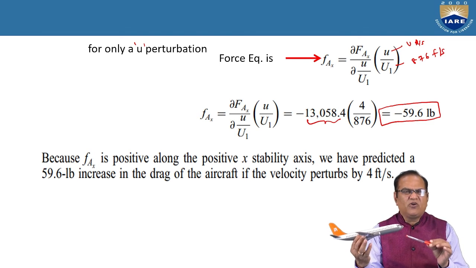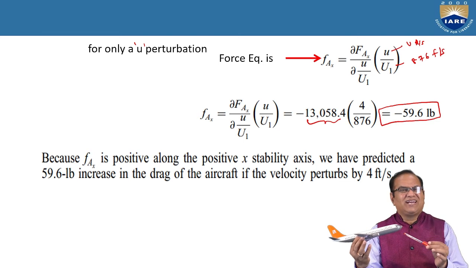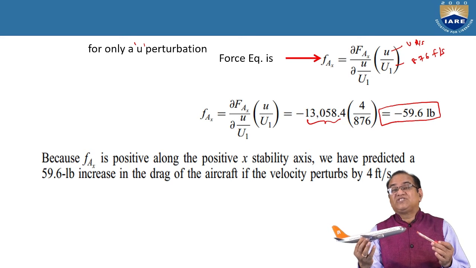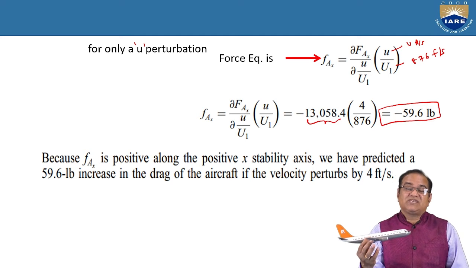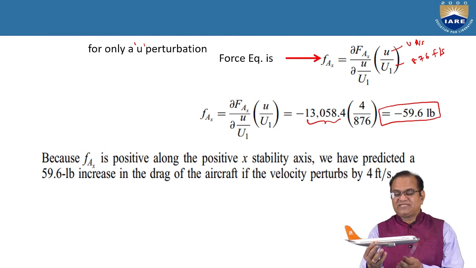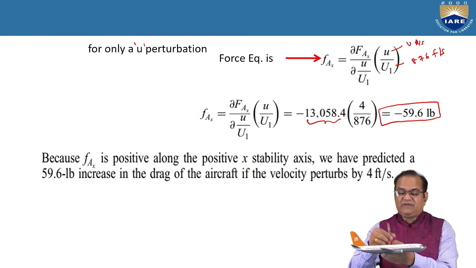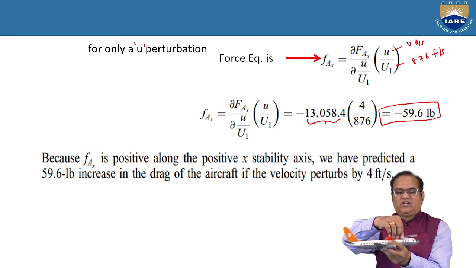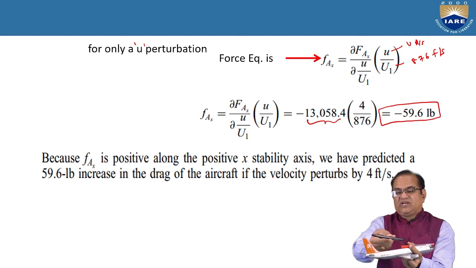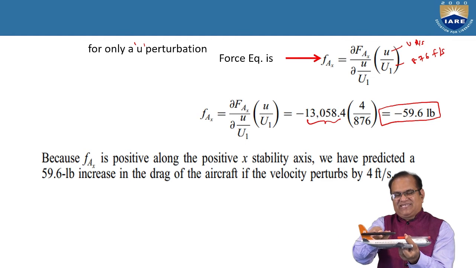So only 4 feet per second velocity is increased, but 59.6 pounds of force is generated, and this force is minus in the x direction. If you see here, towards the nose is plus x, and towards the tail is minus x.